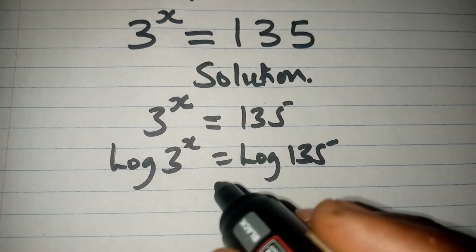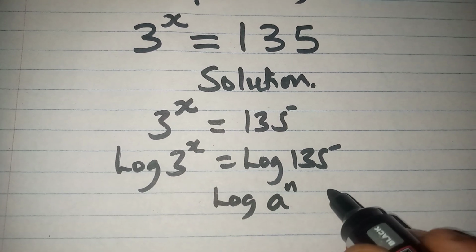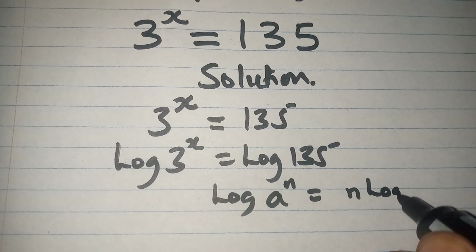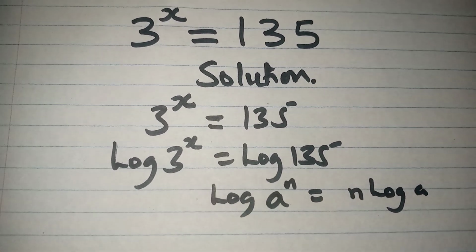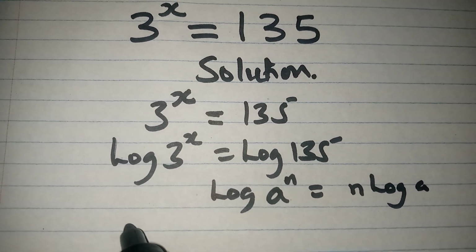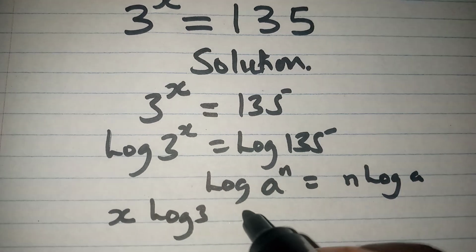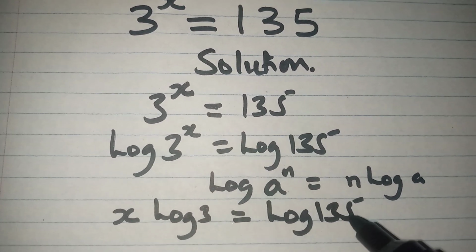Well, I know if I have the log of a raised to n, then this can be written as n times the log of a. So applying that law here, I'm going to have x times the log of 3 is equals to the log of 135.